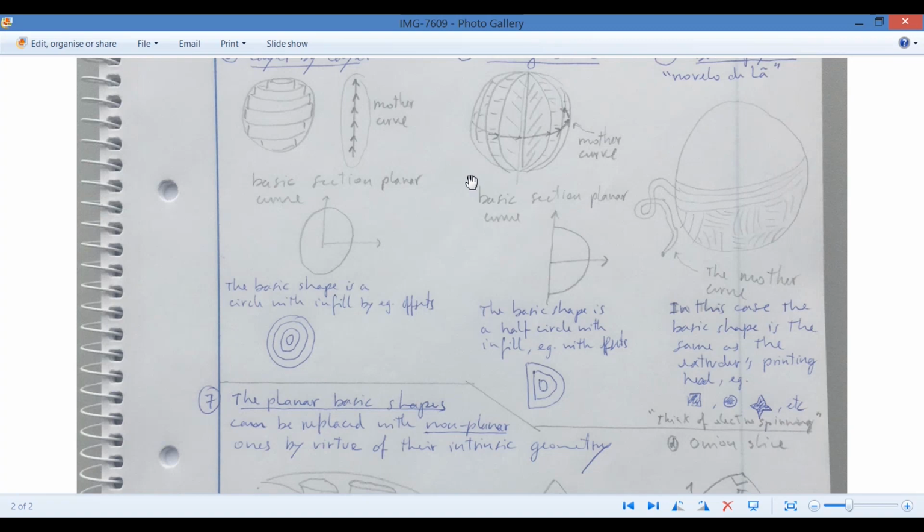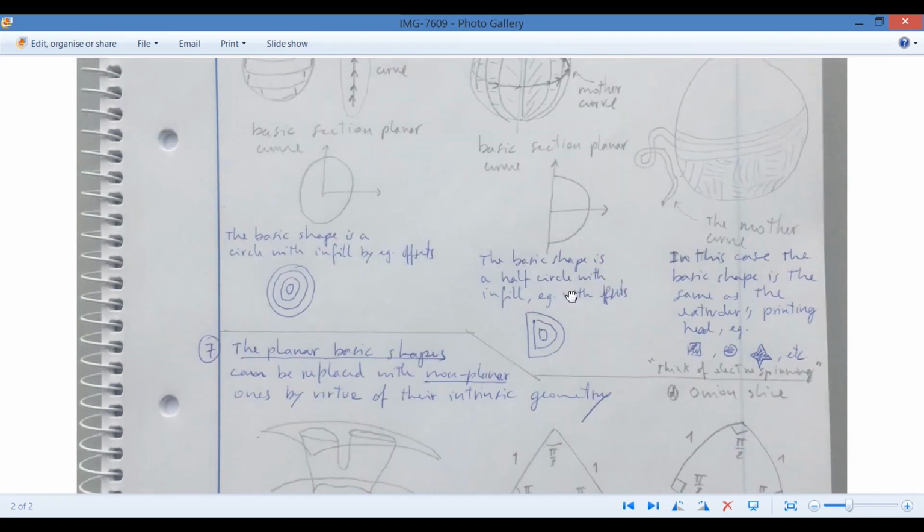Because we could also print this orange slice layer by layer, because you could decompose it further, and a surface with intrinsic interior geometry can always be printed in some other ways.